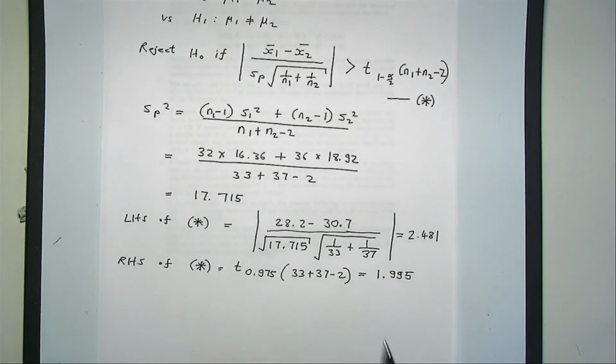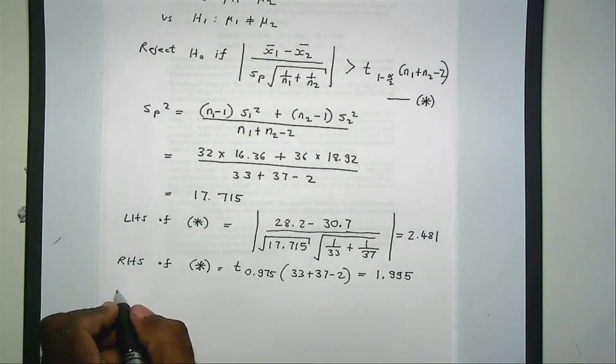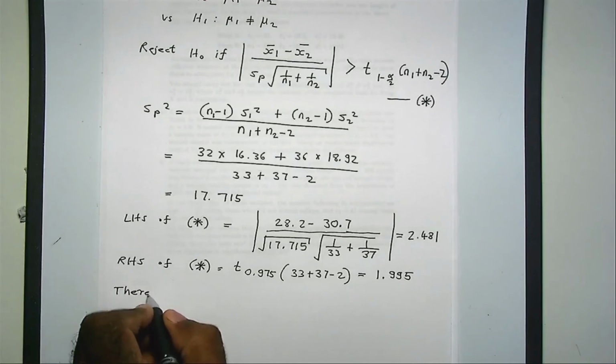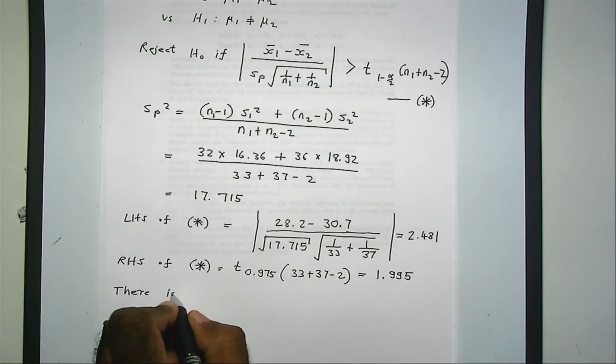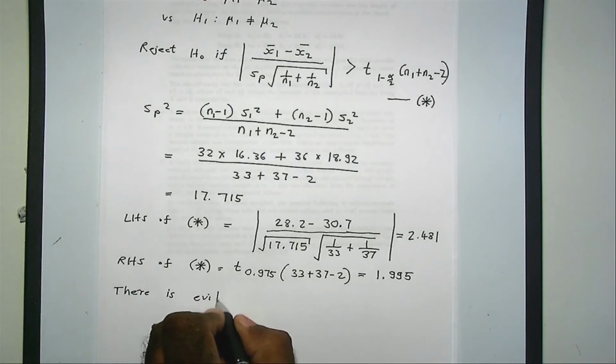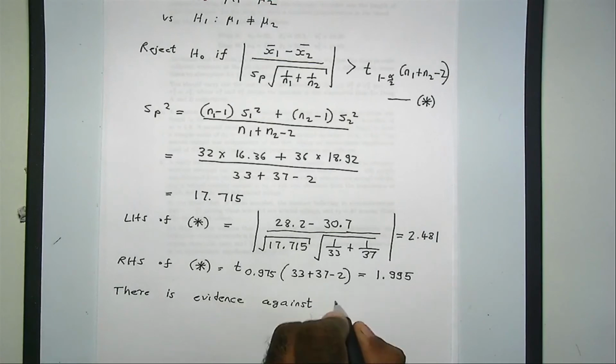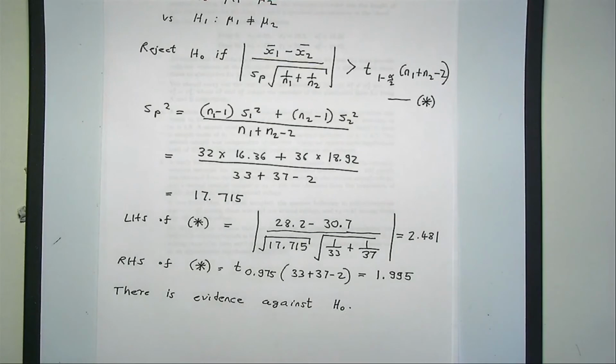So once again, 2.481 is greater than 1.995. Hence once again we reject the null hypothesis; there is evidence against H0. All right, so this completes question 3.